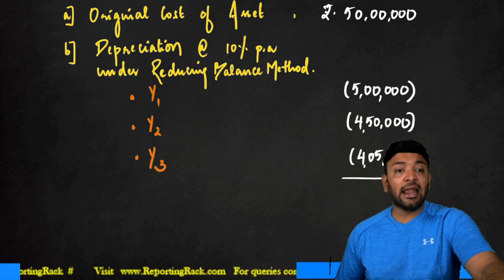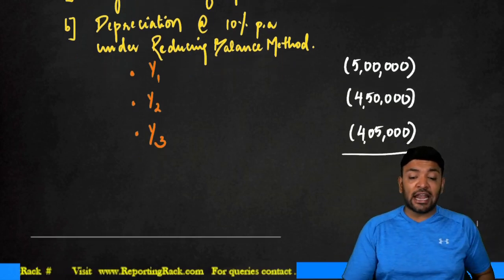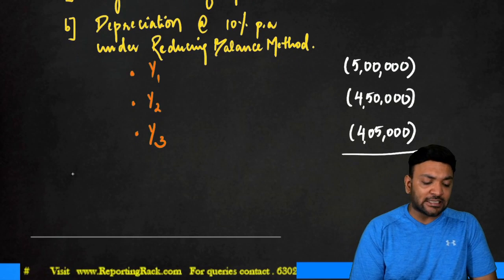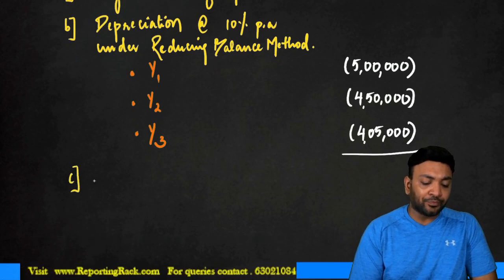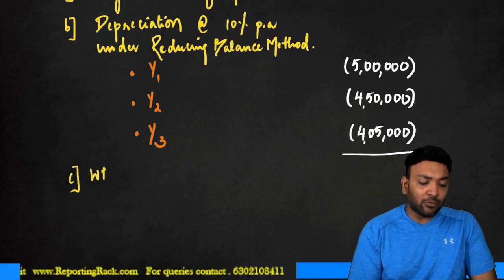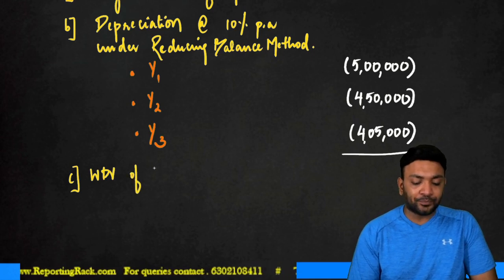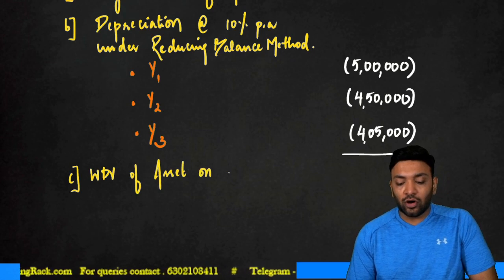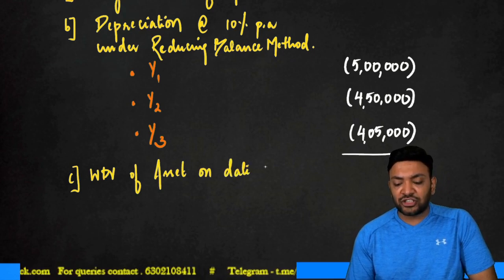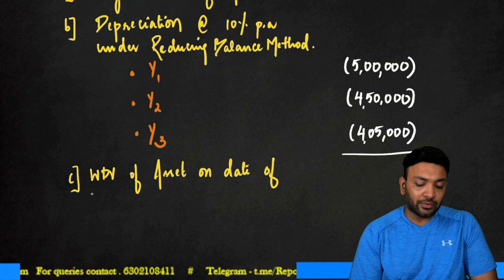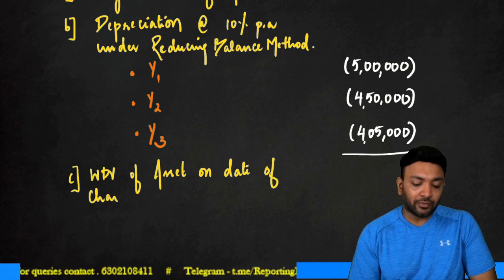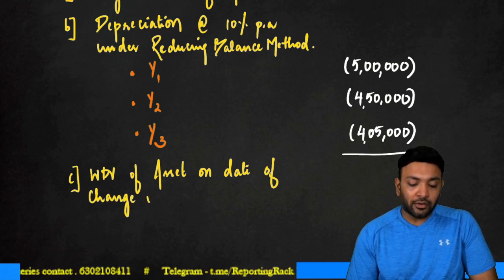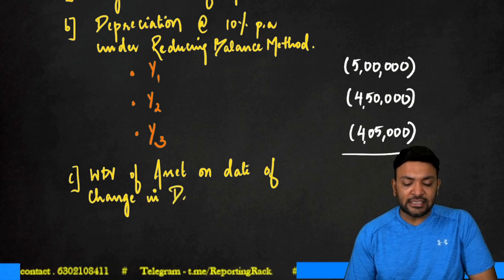The answer that we get is the WDV of the asset on the date of change in depreciation method.